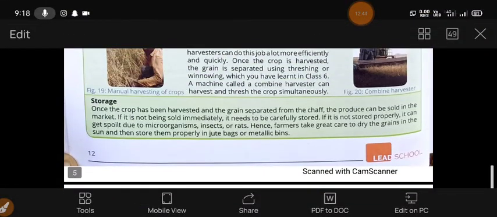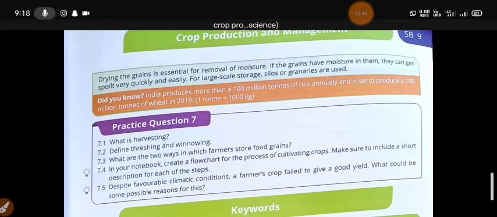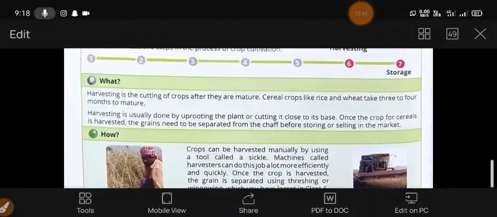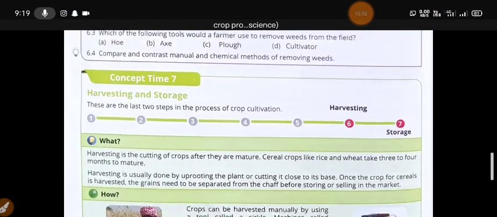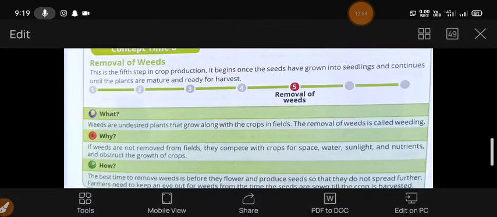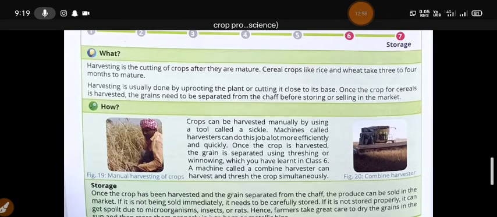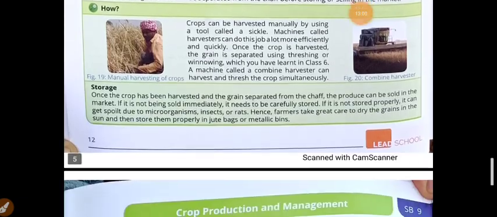So here we are at the end of this chapter of biology unit 1, crop production and management. In today's homework, you will write removal of weed, harvesting and storage.